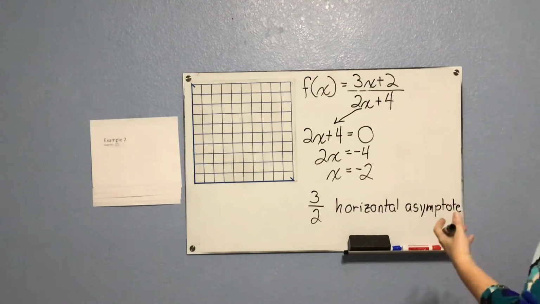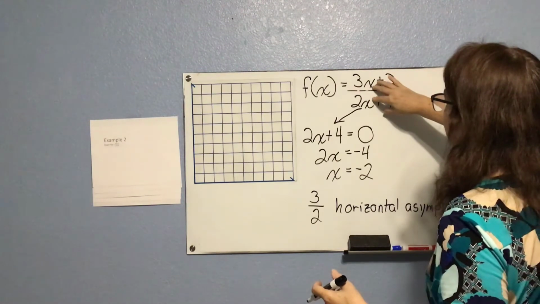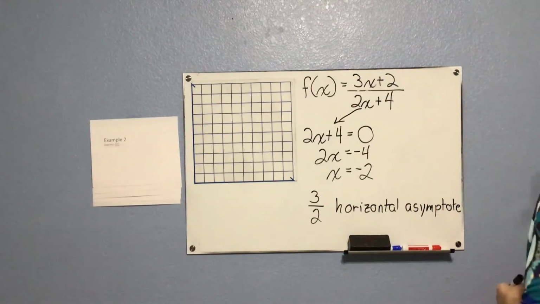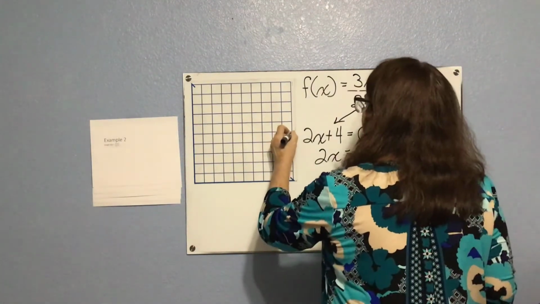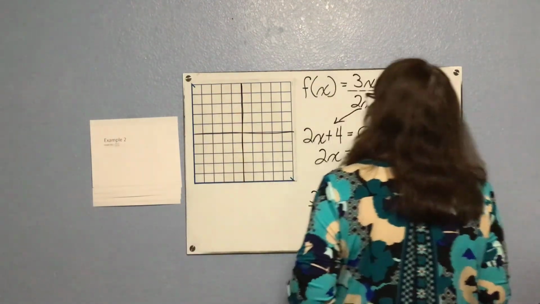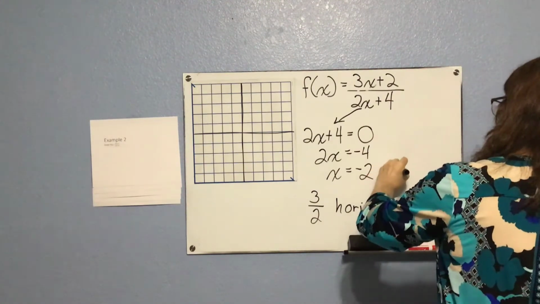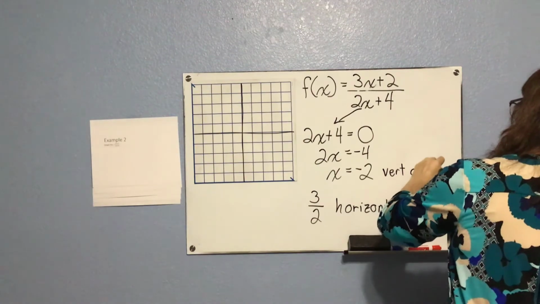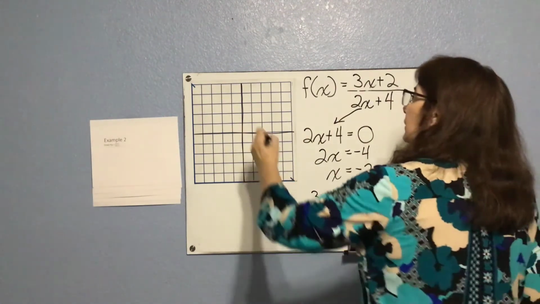And the same thing would happen if I let x be negative 1,000,000. The two negatives would cancel out and we'd still end up at 3 over 2. So if I wanted to graph this function, I know that I've got a vertical asymptote at x equals negative 2.